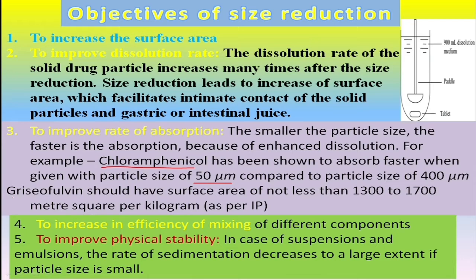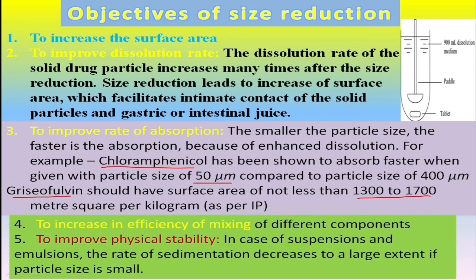Another example, the griseofulvin antifungal drug should have a surface area of not less than 1300 to 1700 meter square per kilogram, as per the IP.